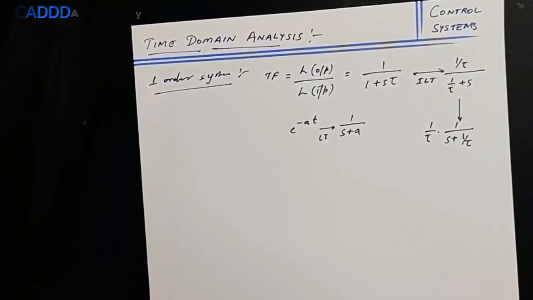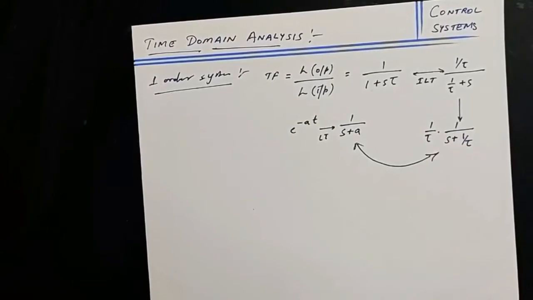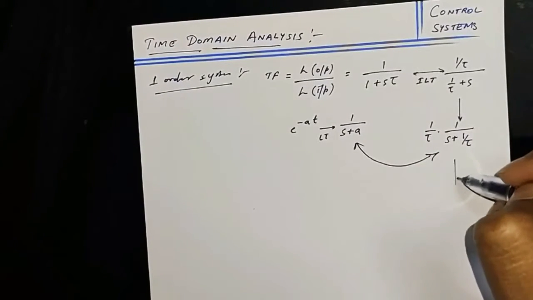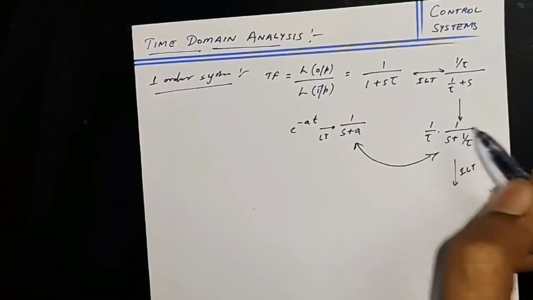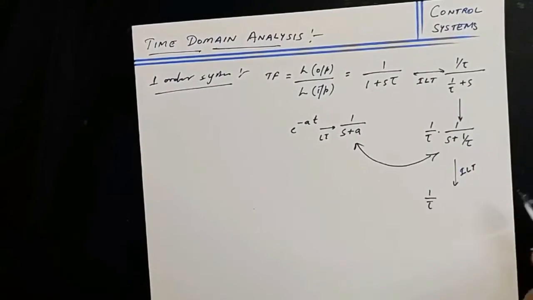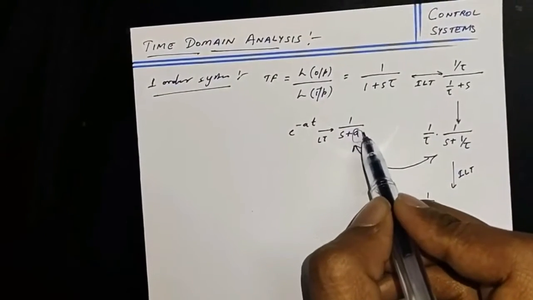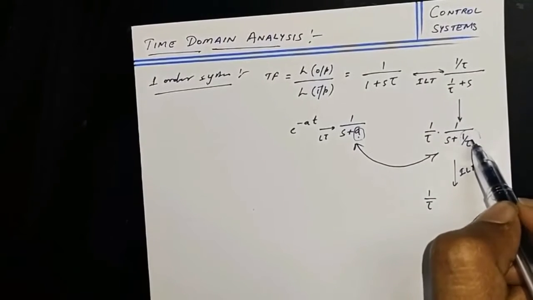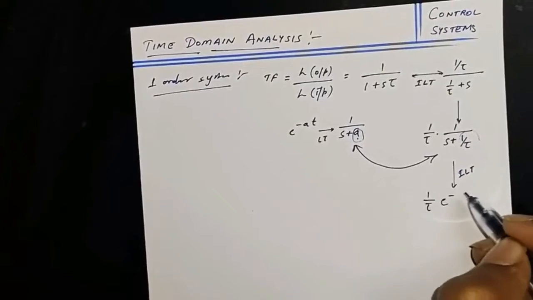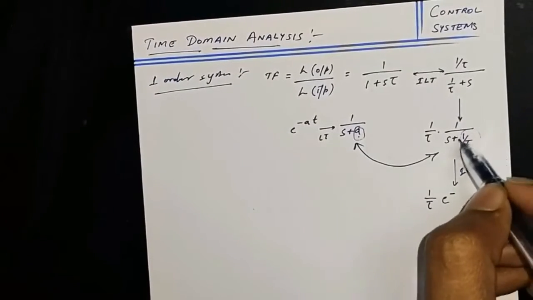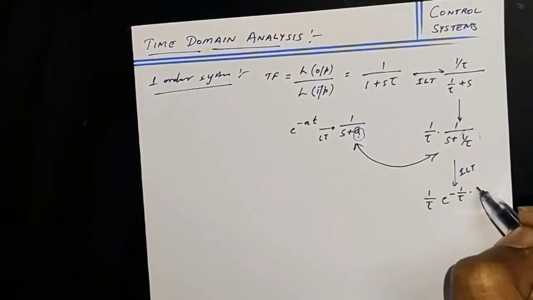When we compare these two things, we can say that inverse Laplace transform of this term will be 1 divided by tau, which is a constant term here. And at the place of a, here we have 1 divided by tau, so we can simply write it as e to the power minus 1 divided by tau times t.